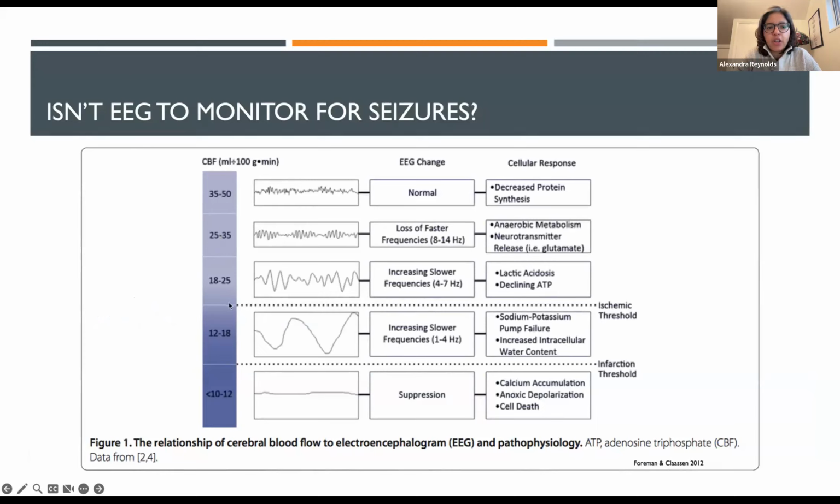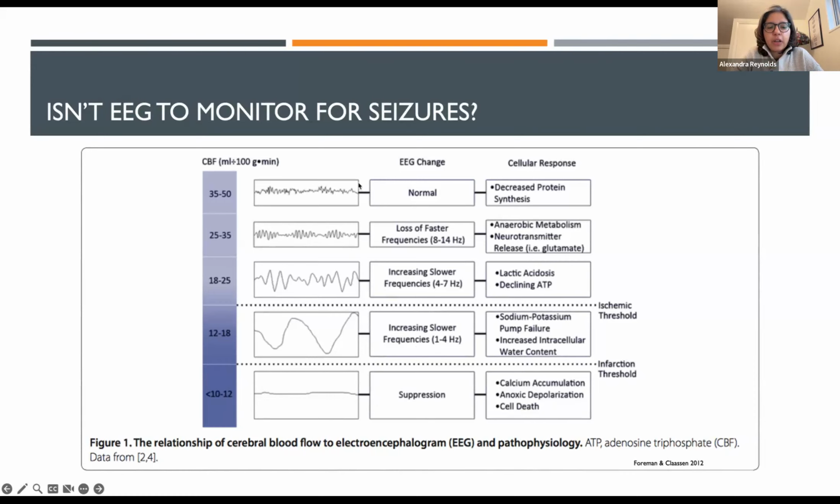Then you get increasing slower frequencies. And then ultimately, as the neurons are getting ischemic, you start seeing these very slow delta waves. And once the actual neurons are infarcted, that's where you get total suppression. This is in the absence of sedation, obviously.